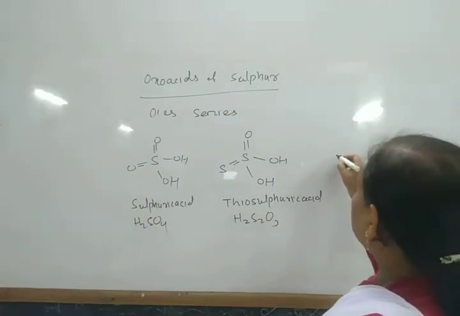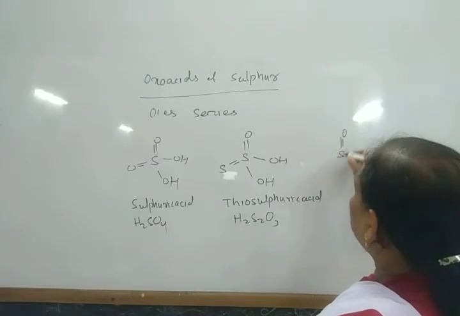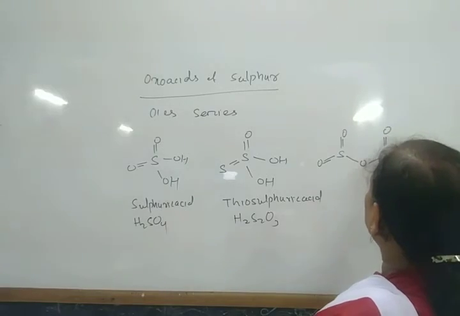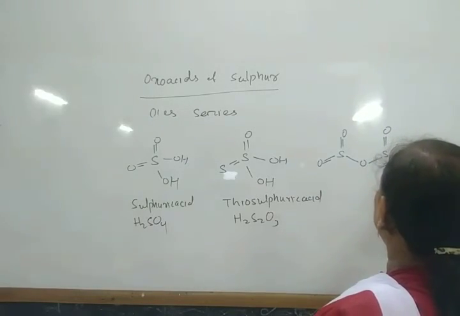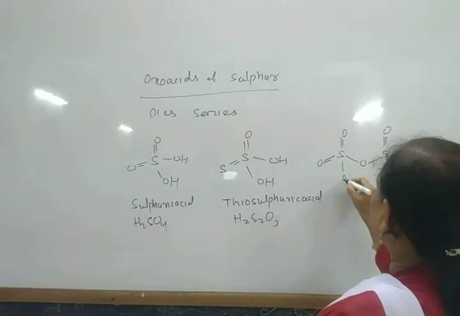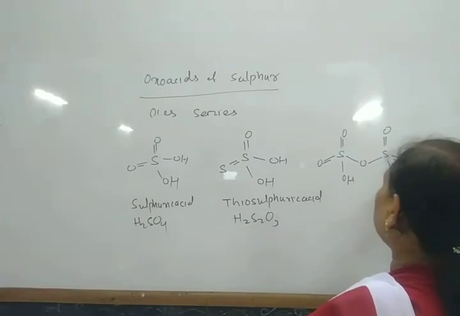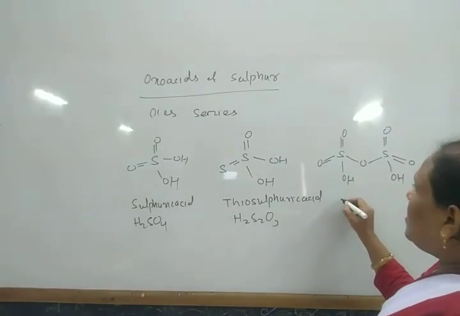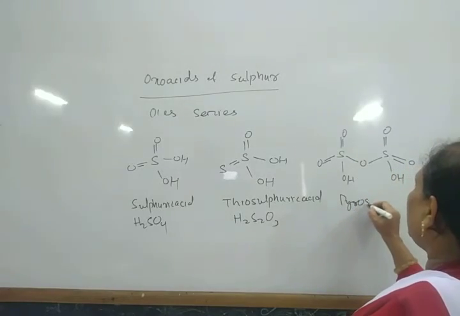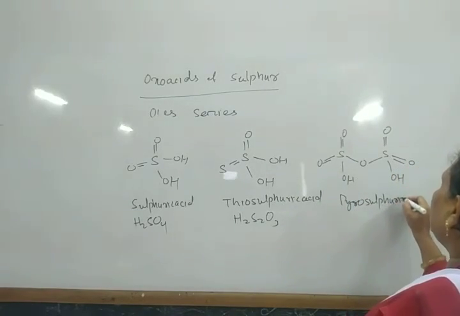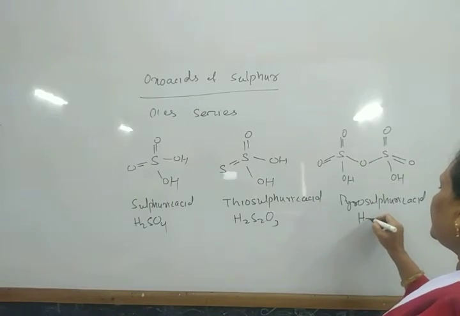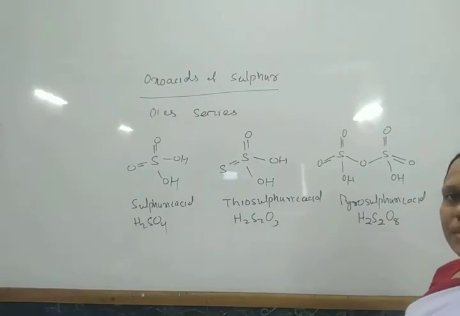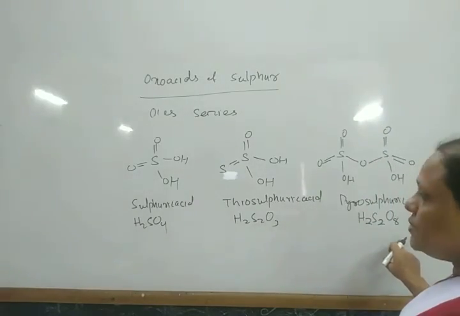In this way, S double bond O, here double bond O, S double bond O, and one OH here, one OH here. This is known as pyrosulfuric acid, with formula H2S2O7.